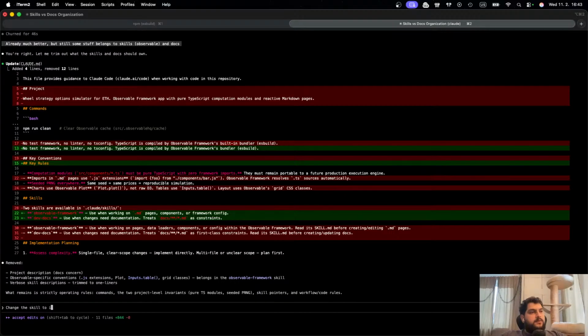Change the skill to include all those necessary info.